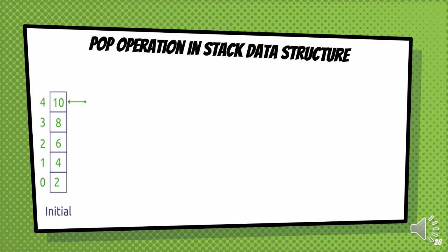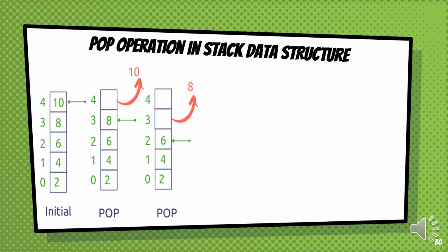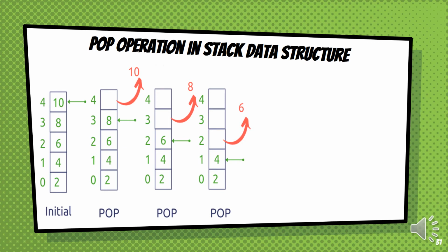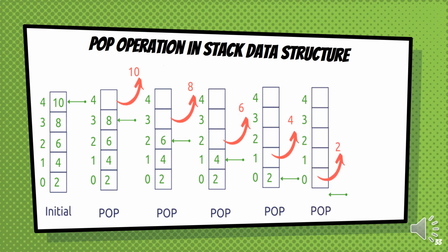We delete the first element, 10, and after 10 we delete 8, and after 8 we delete 6, and after 6 we delete 4, and after 4 we delete 2.